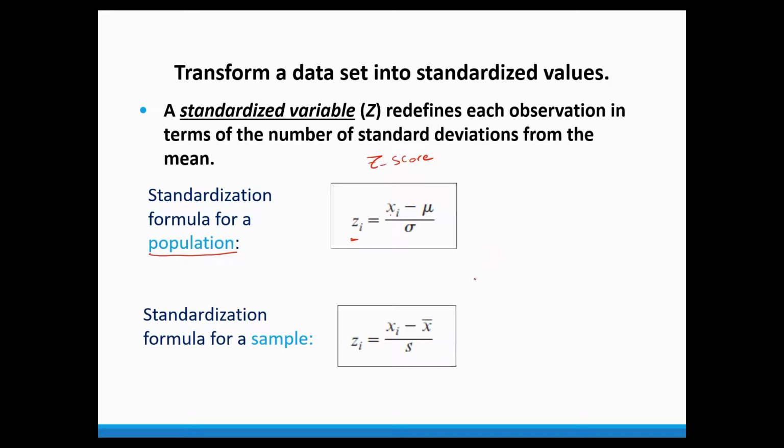Again, it's very hard to deal with the population, so we deal with the sample. In this case, to obtain our z-scored data elements, we do the same. We subtract from the individual observations the x bar, the mean of the sample, and we divide this by S, which refers to the standard deviation of the sample.